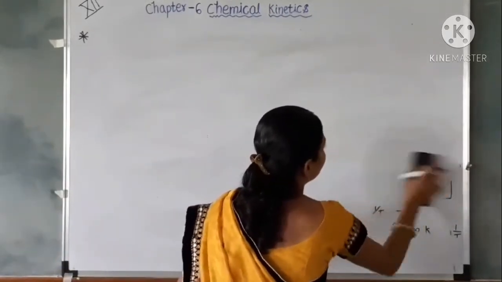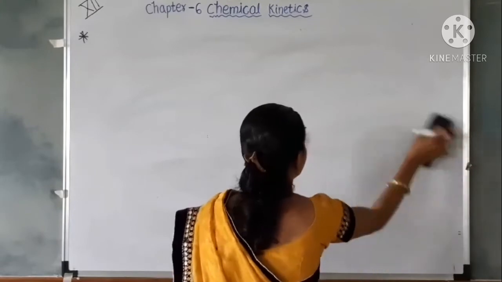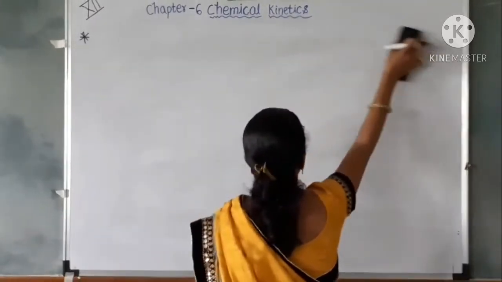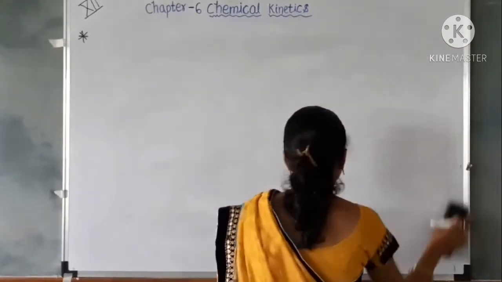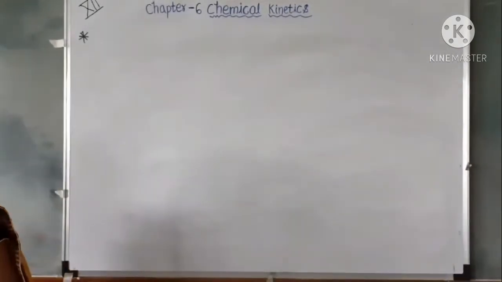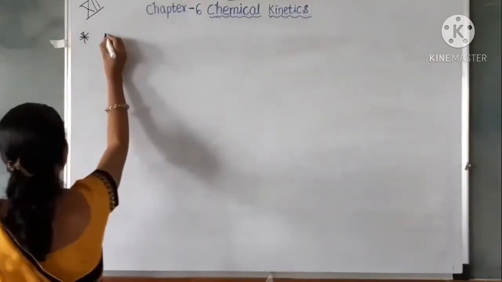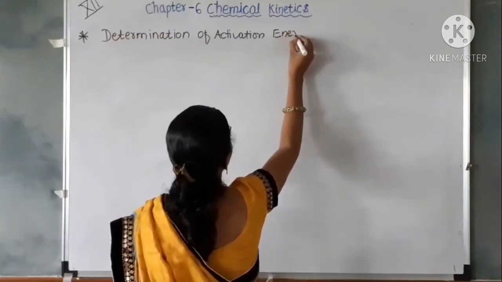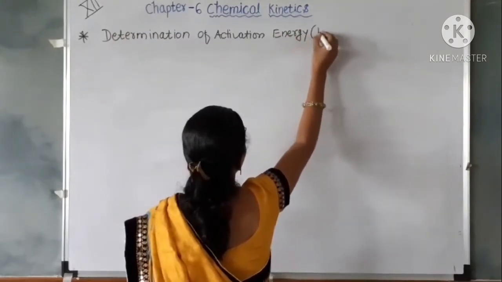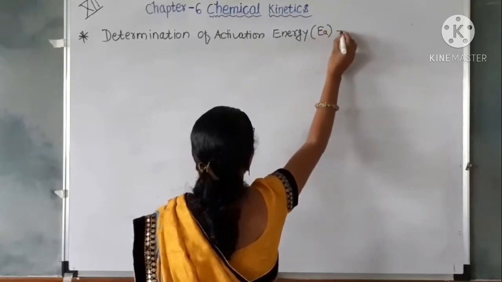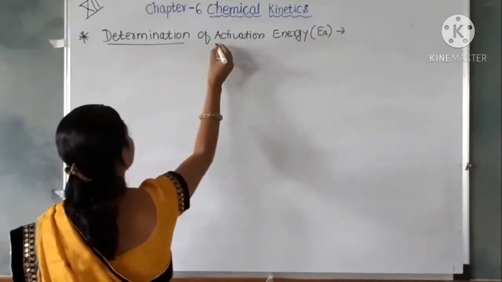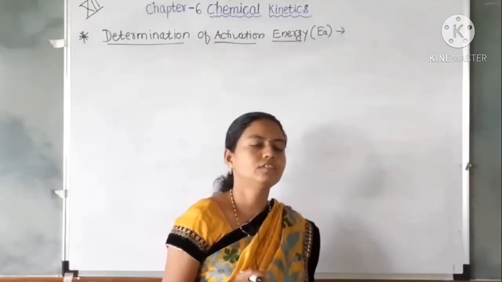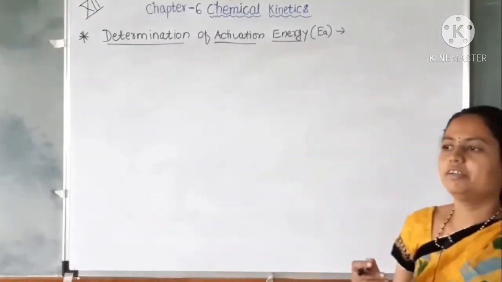Next point, we have to study the determination of activation energy, denoted by Ea, from the Arrhenius equation at different temperatures, where the rate constant is also different.